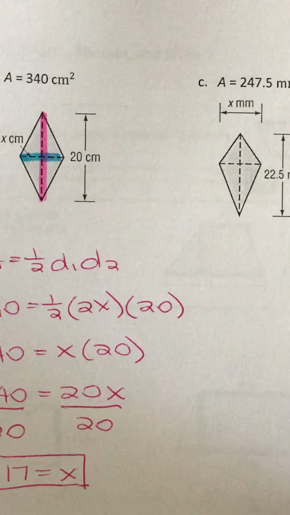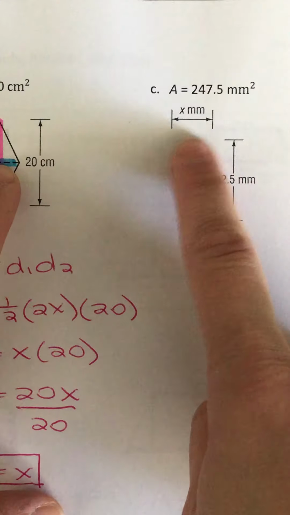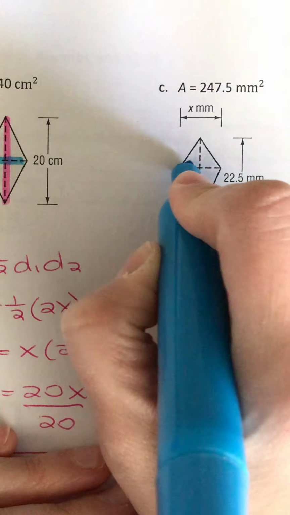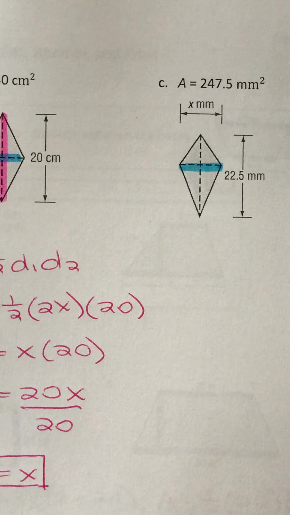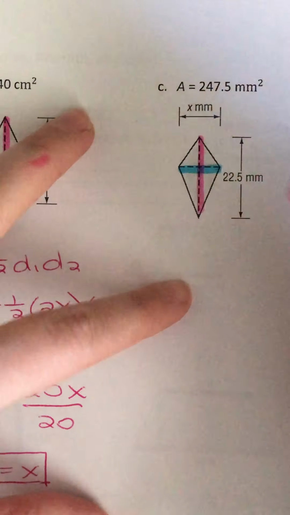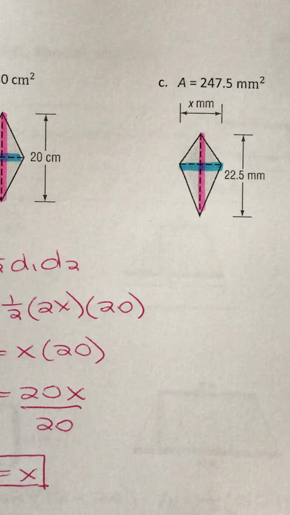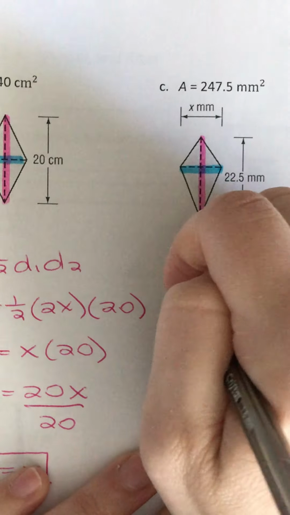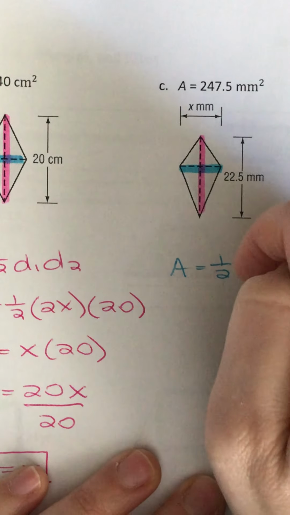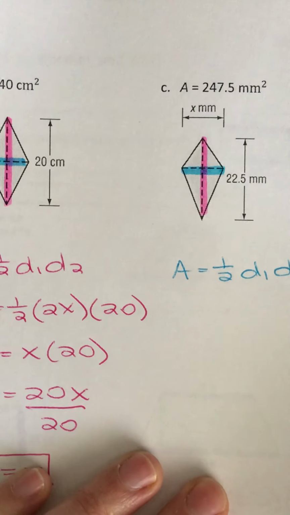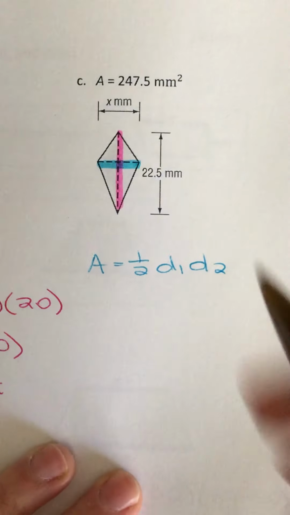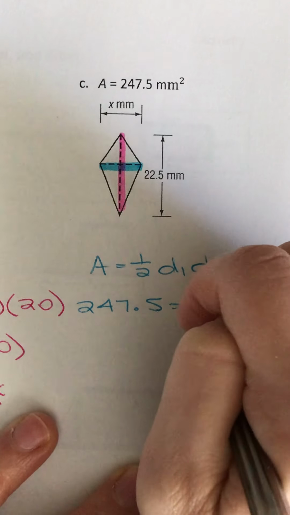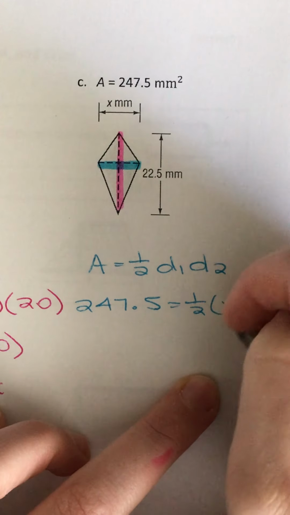Okay, so for the last one, it's a little different. Instead of having 2x, the entire side is x. This whole diagonal is x. And this whole diagonal is 22.5. So again, area equals 1/2 d1 times d2. They tell me my area is 247.5. My one diagonal is x.